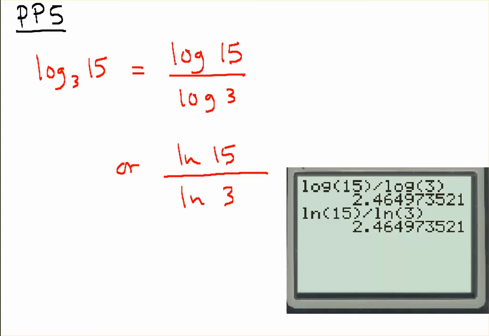But anyways, any which way you choose, you should punch that into the calculator like that. And both ways you should get 2.46. I think it tells you to put 3 decimal places in the homework here, so that would be it.